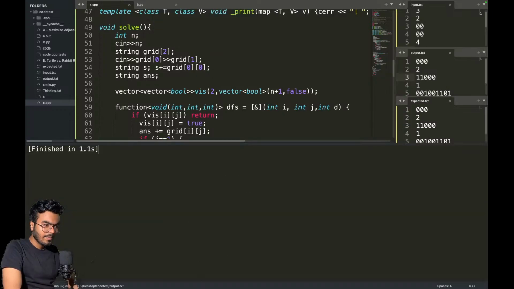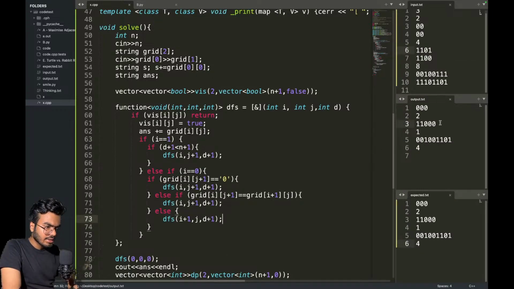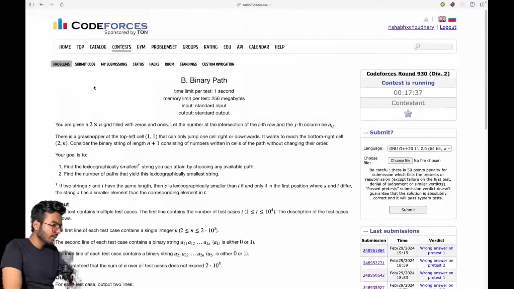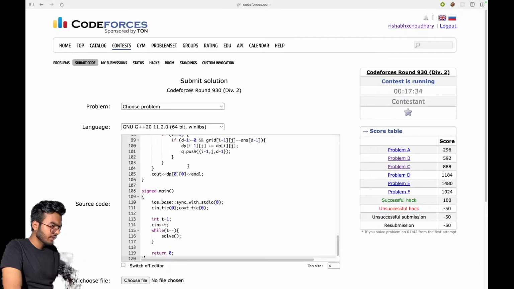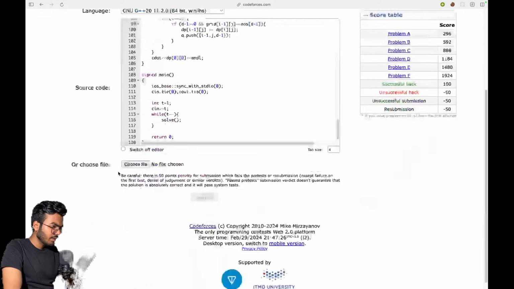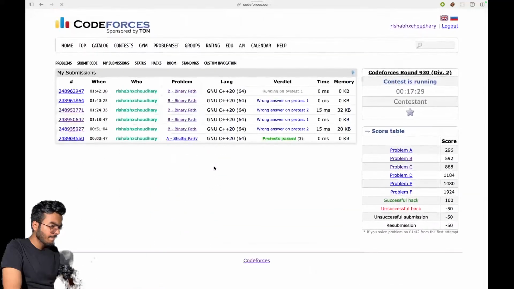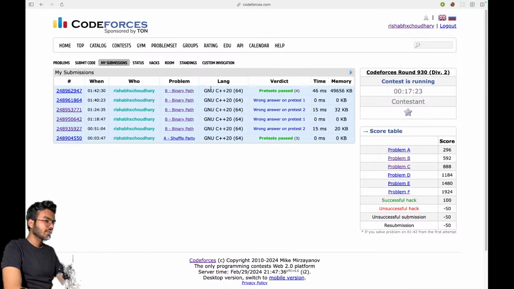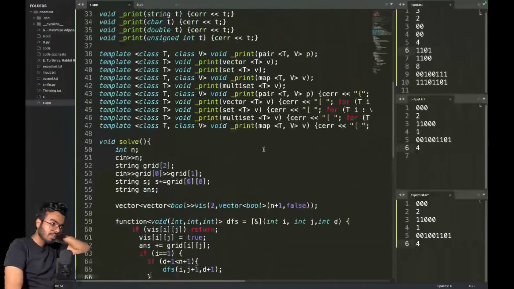Let's run this. So now we are getting 0 2 and 4. I think this is more correct. Let's try to submit this, the B problem. Yeah, it passed. I wasted so much time on this problem.